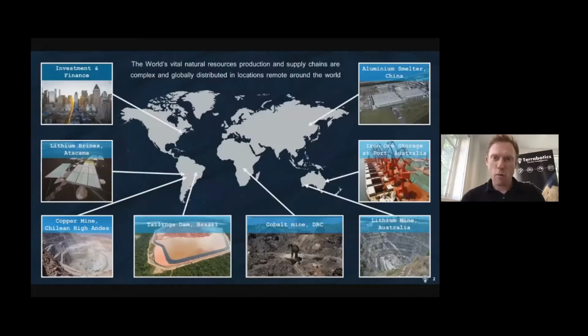And it's not easy when you're talking about something like mining and natural resources. It's a complex, globally distributed production and supply chain, where the production happens is often in remote locations, and where the demand is elsewhere in the world, and then the investment and the finance again somewhere else.